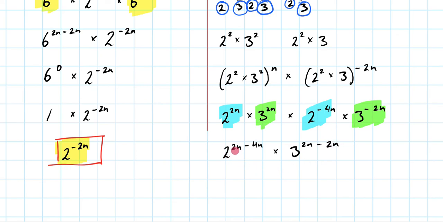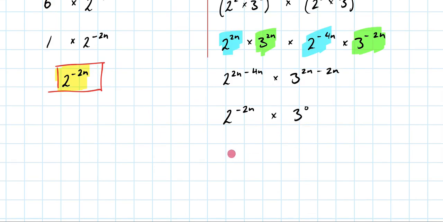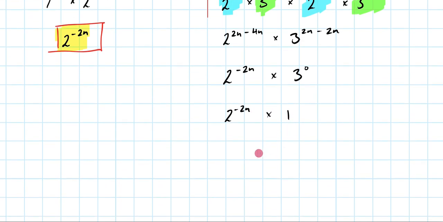Well, 2 raised to the 2n minus 4n, that's going to be 2^(-2n). And over here, 2n minus 2n is 3 to the 0. So that's going to be 2^(-2n) times 1, which is going to end up being 2^(-2n).